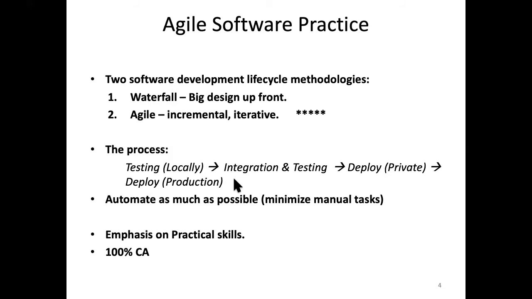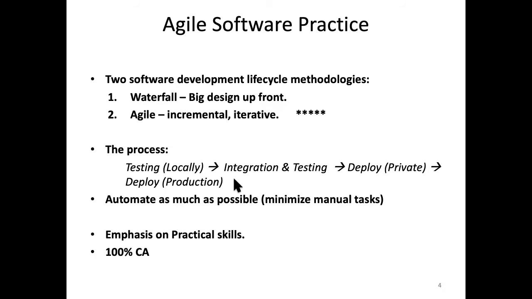These are very broad level categorizations, but the waterfall approach is characterized by lots of paper-based designing up front, implementation, and then lots of testing at the end. Whereas the agile approach takes a more incremental, iterative approach towards software development. And as is evident from the module title, we are focusing on the second of these two approaches in this module.